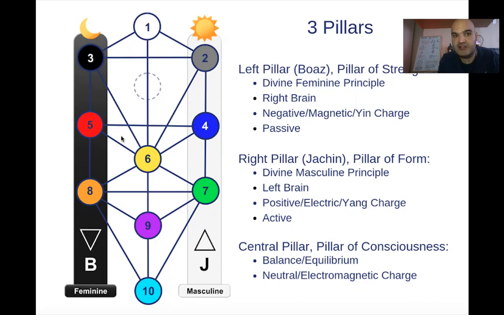These are called the 10 Sephiroth in the Tree of Life, and each one of these symbolizes a planet. The way it works, number 1 would be heaven, or the ether, known as the Ein Sof, and number 10 would be earth. All of these numbers in between are the planets.